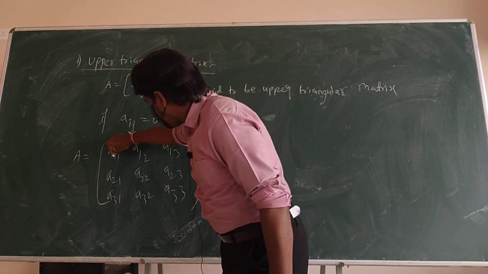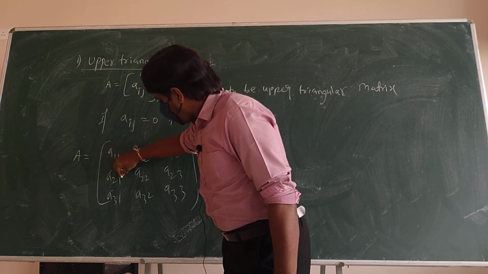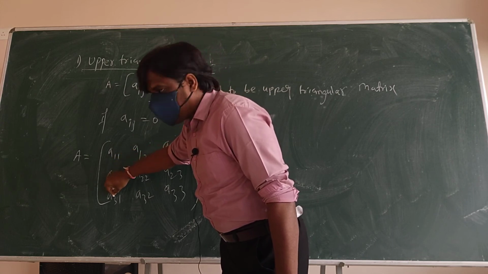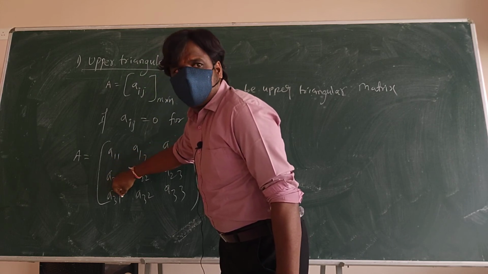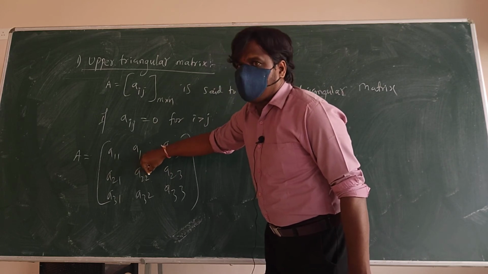Here I is 1, J is 1, equal. I is 2, J is 1, I greater than J. I is 3, J is 1, I greater than J. I is 2, J is 2, equal.